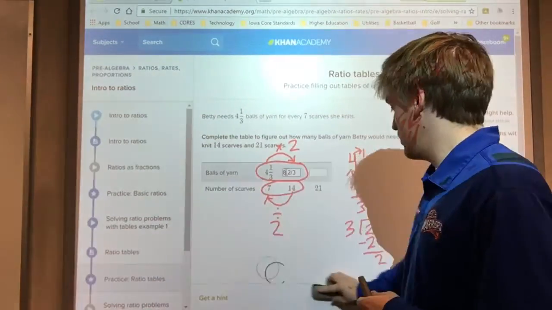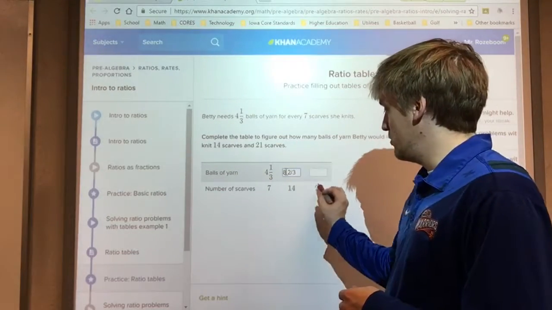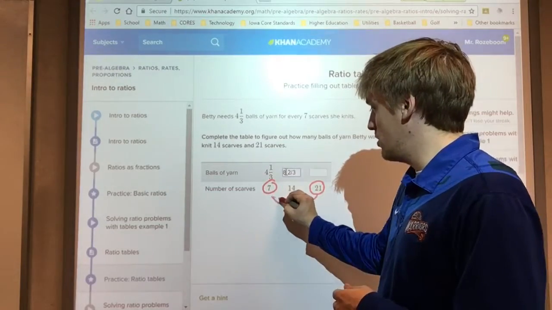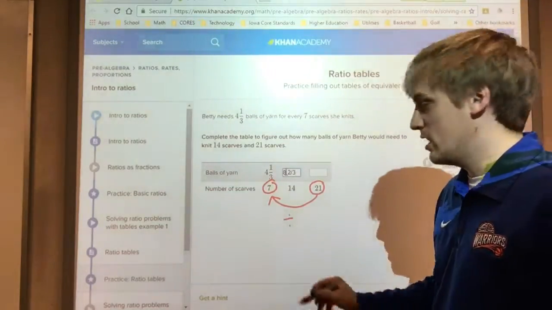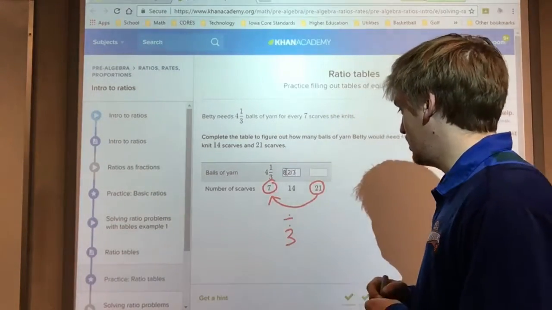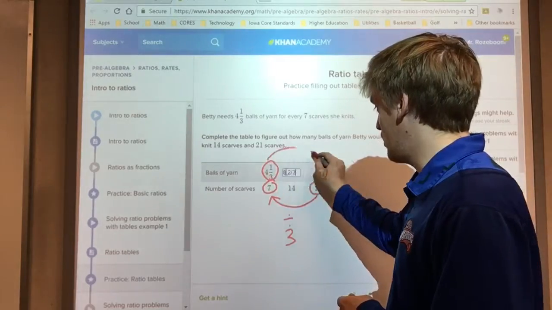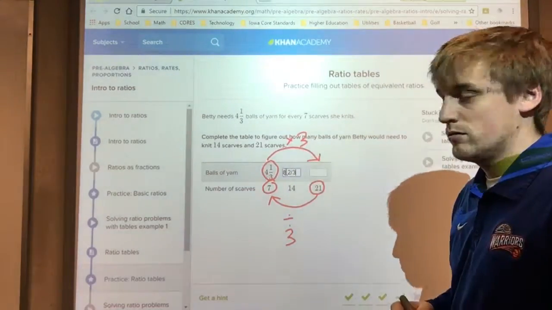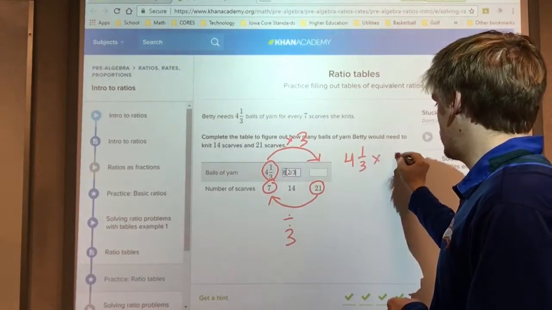The next one, the next box, we're going to do the same process. So I'm going to use this number and this number. 21 divided by what gives me 7? 21 divided by 3 gives me 7. So I'm going to take 4 1/3 times 3. 4 1/3 times 3.